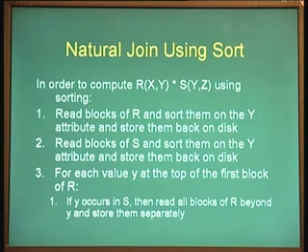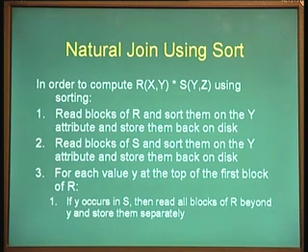So, assume that we have two relations R(x, y) and S(y, z), where x, y and z are attribute lists, and where y is the common component between R and S, and assume that we are computing the natural join between R and S.